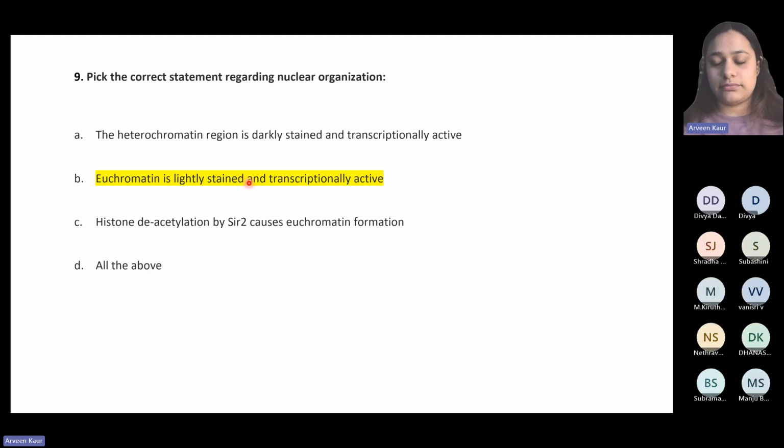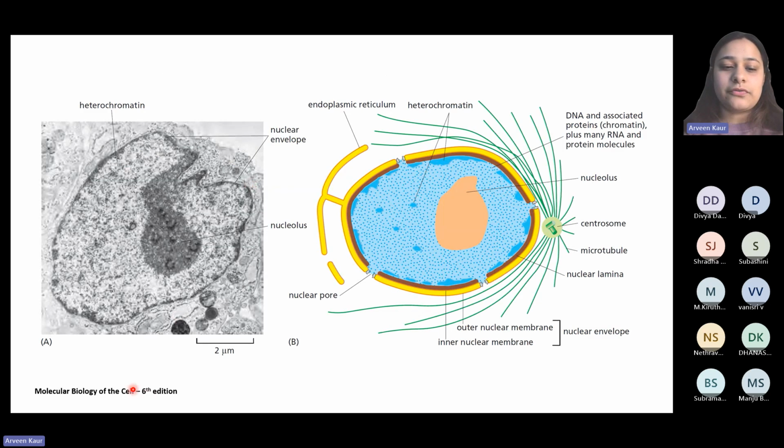Now let us look at the illustration that I have, the image and the illustration, and then we'll discuss why this is, right? So for example, this is an electron micrograph image on your left that you can see. Over here, this is the nucleus. The cell is there, but we have zoomed it in to a nucleus.